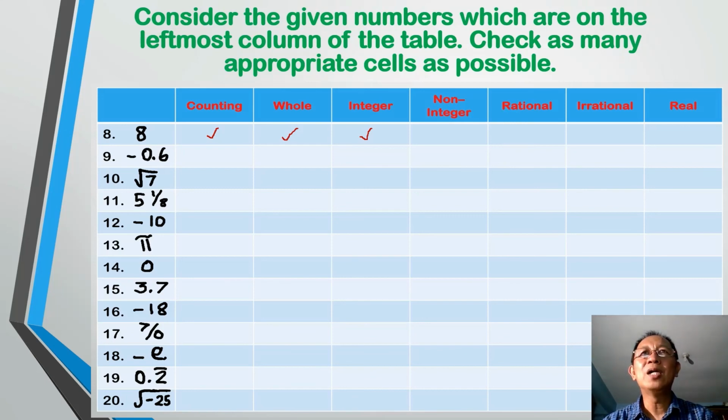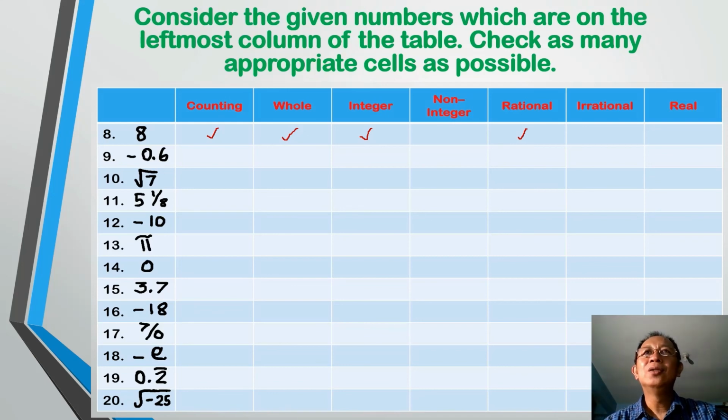Is 8 a rational number? Yes. Pwedeng gawing fraction or ratio, 8 over 1, 8 is to 1, pwedeng 16 is to 2, or 8 over 2, pwedeng 80 over 10. So, pwedeng gawing ratio kaya rational siya. Since rational na siya, hindi na siya magiging irrational.